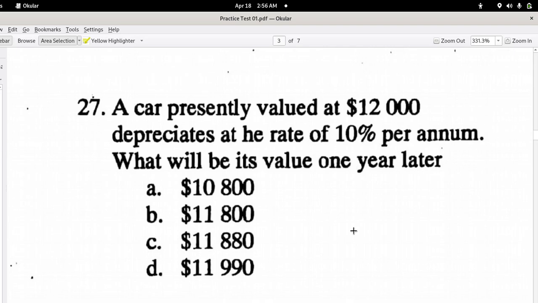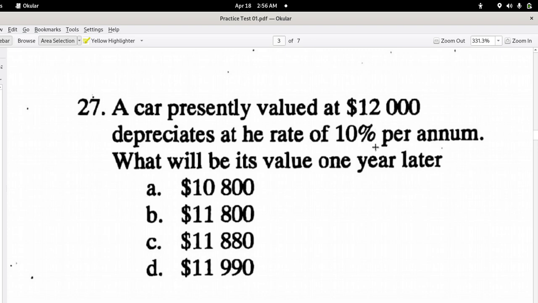A car presently valued at $12,000 depreciates at, well, it should have been the rate of 10% per annum. What will be its value 1 year later?